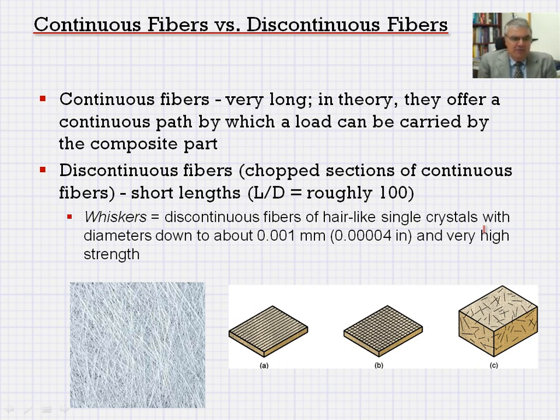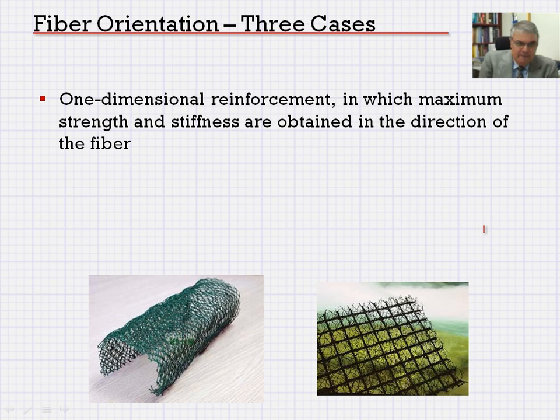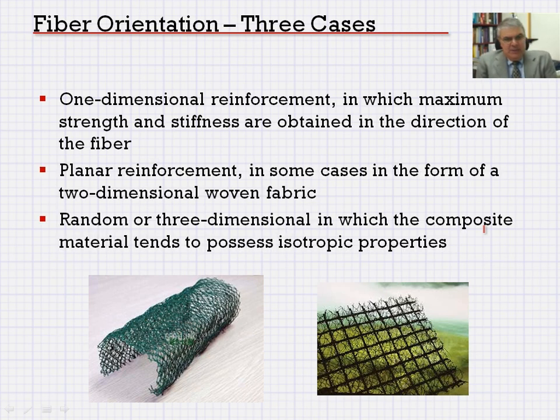The discontinuous fiber, or chopped sections of continuous fibers, are of course usually shorter in length, with a length to diameter ratio of roughly 100. Let's take a look at three cases of fiber orientations.